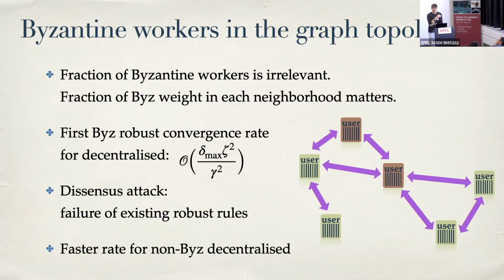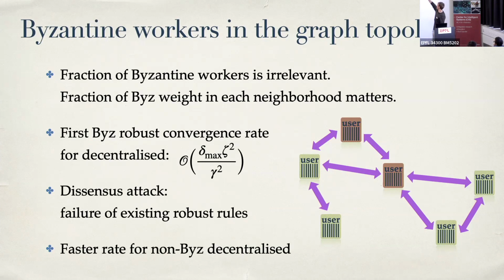It's also a bit non-trivial because if everyone talks to everyone, that's like federated, then things are simple. But if you're on a graph, the problem is that you can quickly get isolated and you can get surrounded by bad guys. So that's the problem that can happen. So you see, if the top worker here is malicious, it's not a big problem because everyone else can still exchange messages.